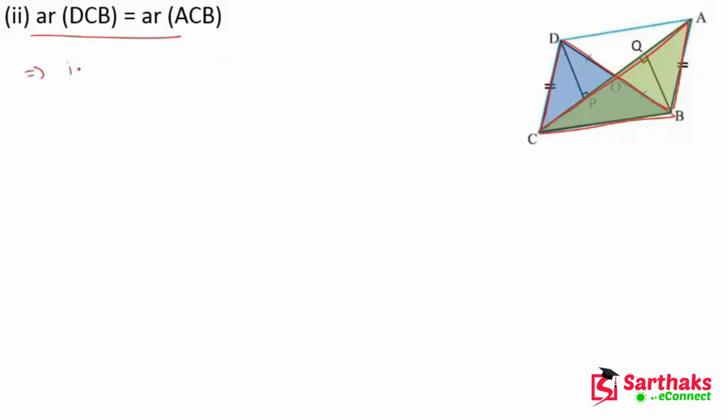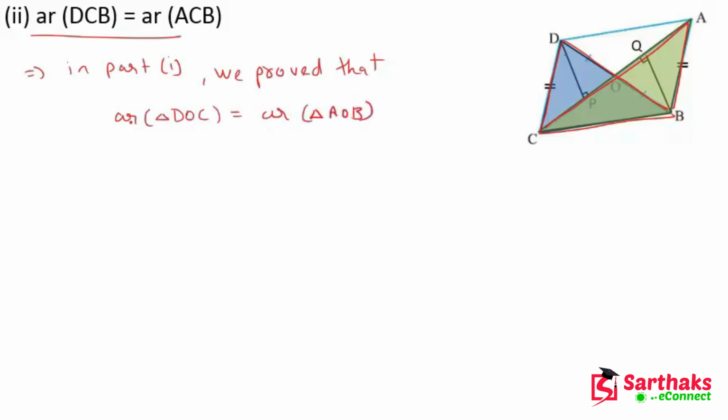So in part 1 we proved that area of triangle DOC is equal to area of triangle AOB.